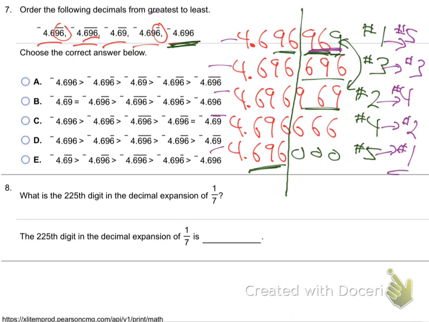is this one that ends, which means this one, or that one. B's out, E's out. It's either A, C, or D, right? Okay, now is number 1. Number 2 is this one, which is this one, 6 bar over 696.